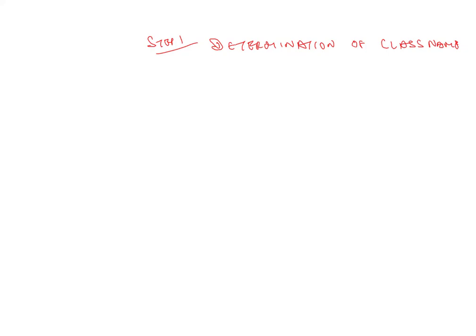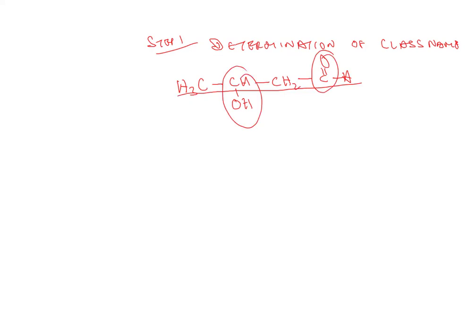Okay, so we'll say you have a compound. I'll just give an example first, right? H3C, CH, just making this up so that you understand. This is the longest chain. It has 2 functional groups here. We have to look at the priority order.